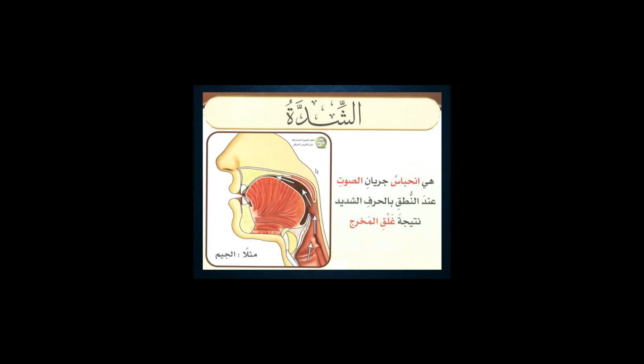But then for ta, which comes after jim, you have to use your tongue tip. So how would you do that when the tongue is already engaged with the makhraj of jim? You have to bring the tongue to the neutral position and then use the tip of the tongue to pronounce the next letter, which is ta.